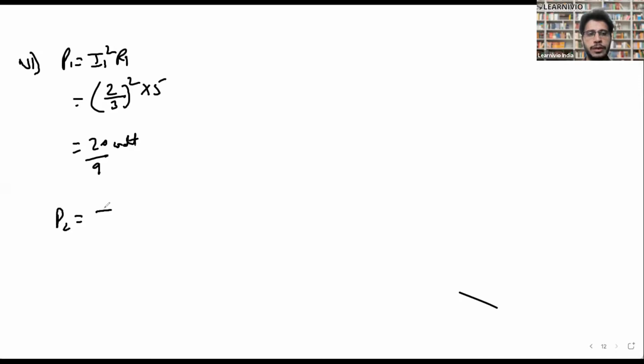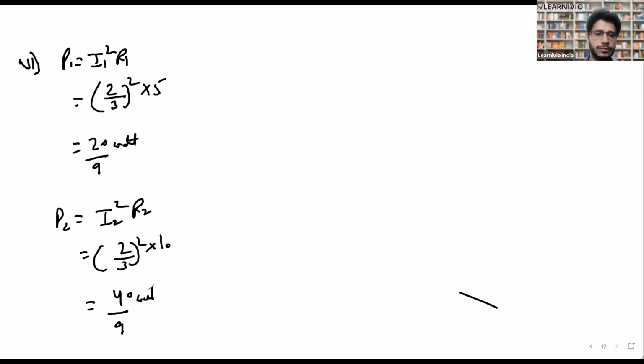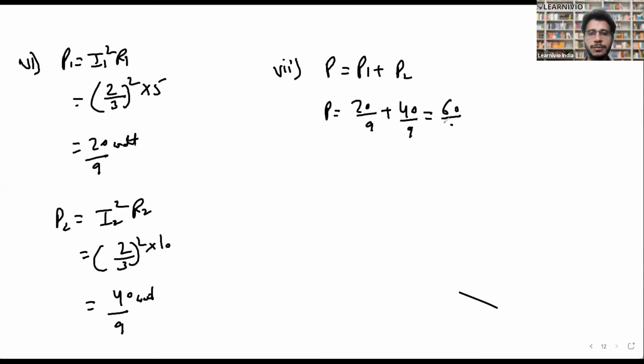P2 is I2 square R2. So I2 is the same, 2 by 3, R2 is 10, so it's 40 by 9 watt. If you want total power dissipated, then simply add them up. So it's 20 by 9 plus 40 by 9, it's 60 by 9 watt. This is the total power dissipated.